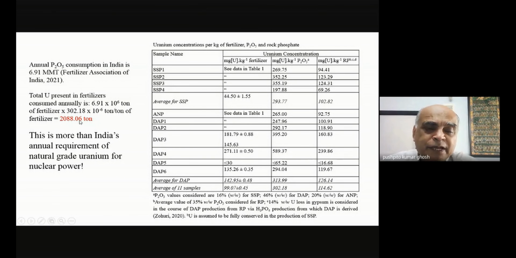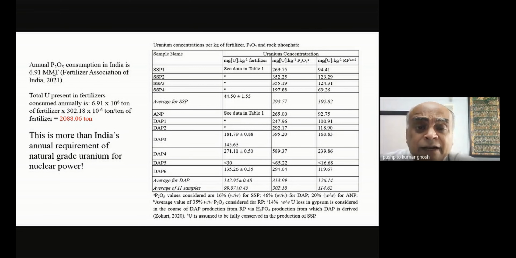So what it means is that if we could look at phosphate fertilizers, or the intermediates from which these phosphate fertilizers are made, as potential raw material for uranium, we are okay. We don't need to go to Kazakhstan then.